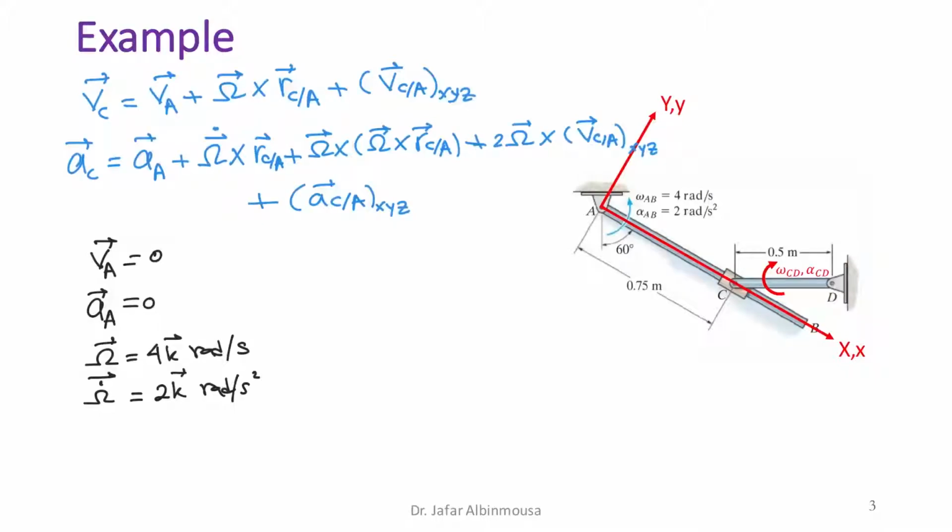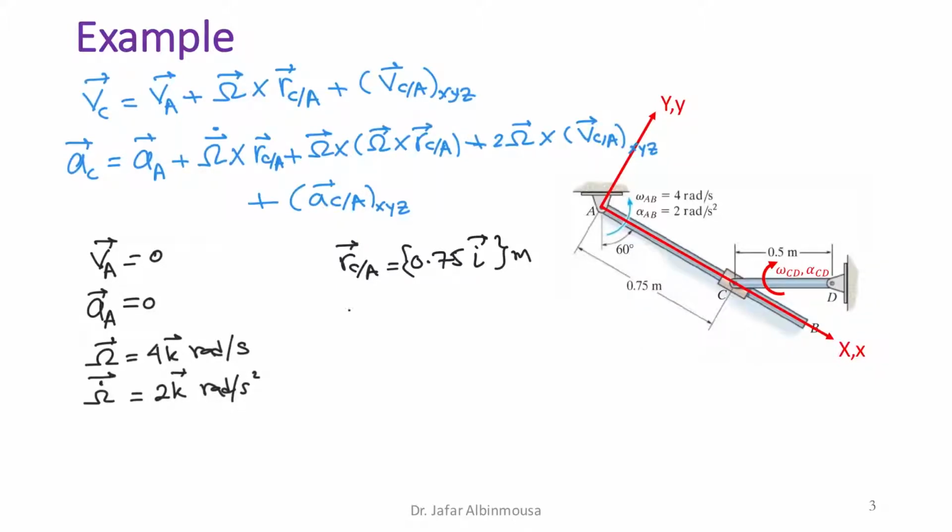Also, we can see that RC with respect to A, the vector going from A to C, is equal to 0.75 i, measured in meters.